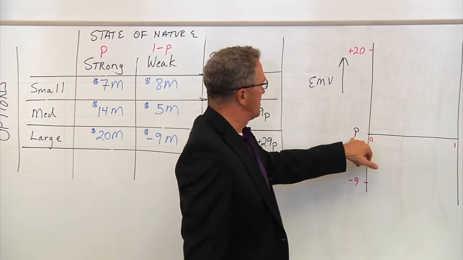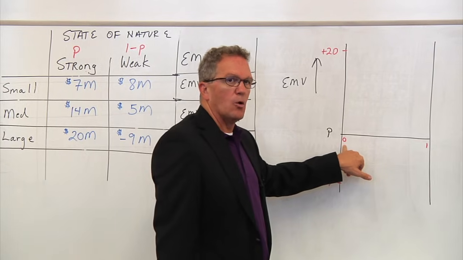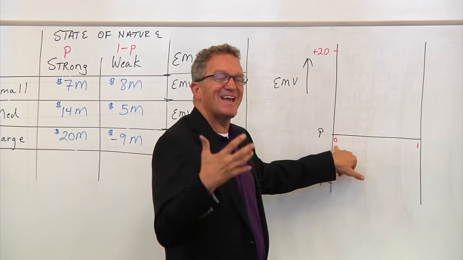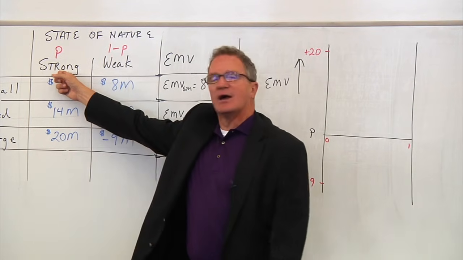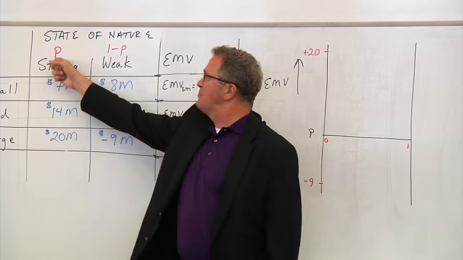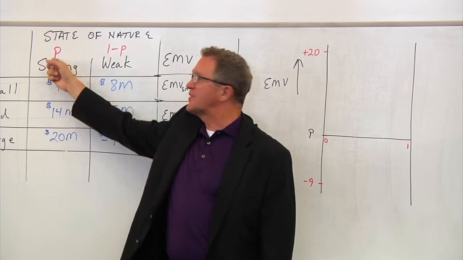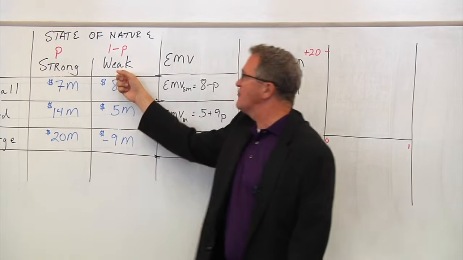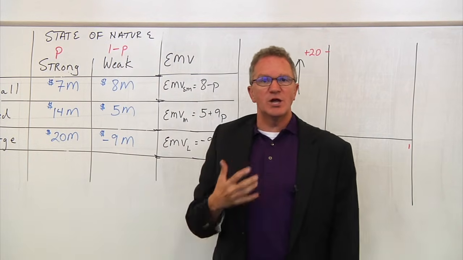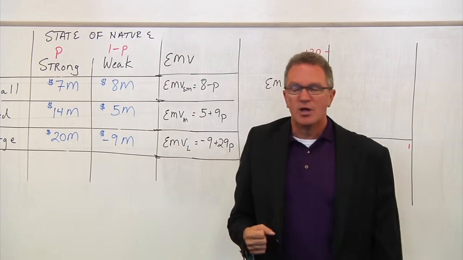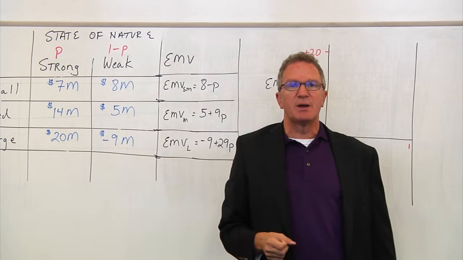This is where the probability of strong demand is 0. We do not have any likelihood of strong demand. If we don't have strong demand, what do we have? If P is 0, if there is no chance of strong demand, we have weak demand, right? 1 minus P, 100% minus 0, means we have a 100% chance of weak demand.